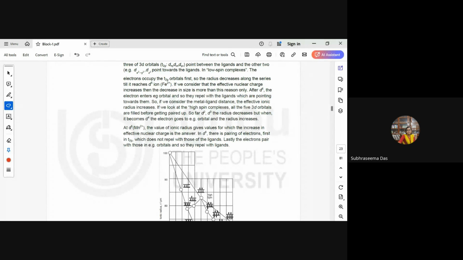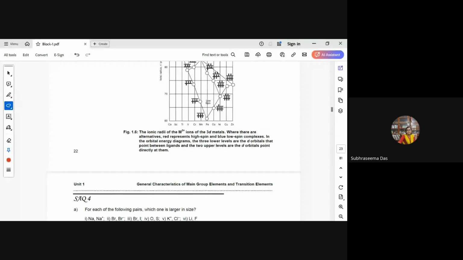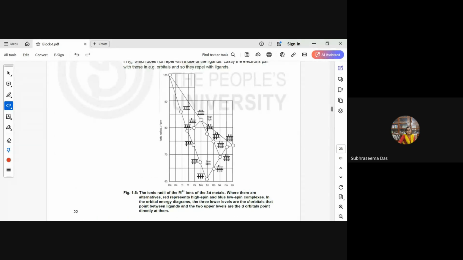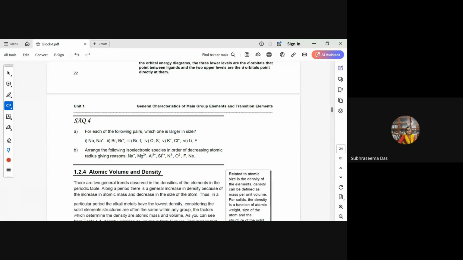Owing to the different possibilities of pairing, we know that transition elements have variable oxidation states, and the pairing occurs in many ways. So particularly in figure 1.6, it shows how the ionic radii of M2+ ions vary within the transition series.